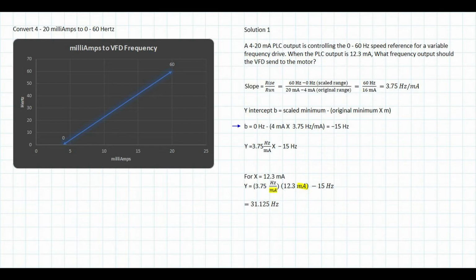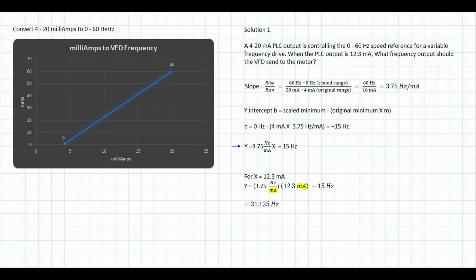For the y-intercept, we have a scaled minimum value of 0 Hz. So the contribution to the y-intercept from the scaled minimum is 0. When we multiply the original minimum of 4 milliamps by the slope of 3.75 Hz per milliamp, that gives us a contribution from the original minimum of negative 15 Hz.